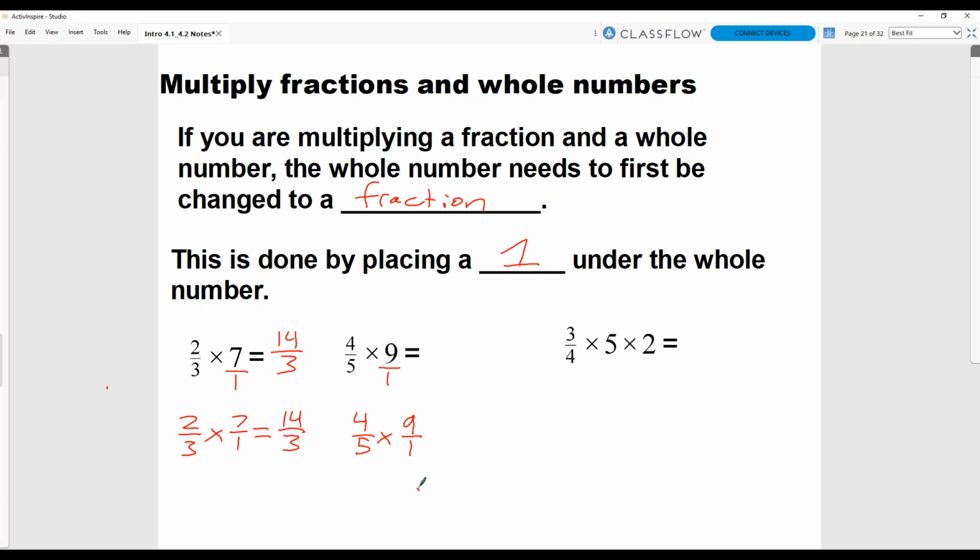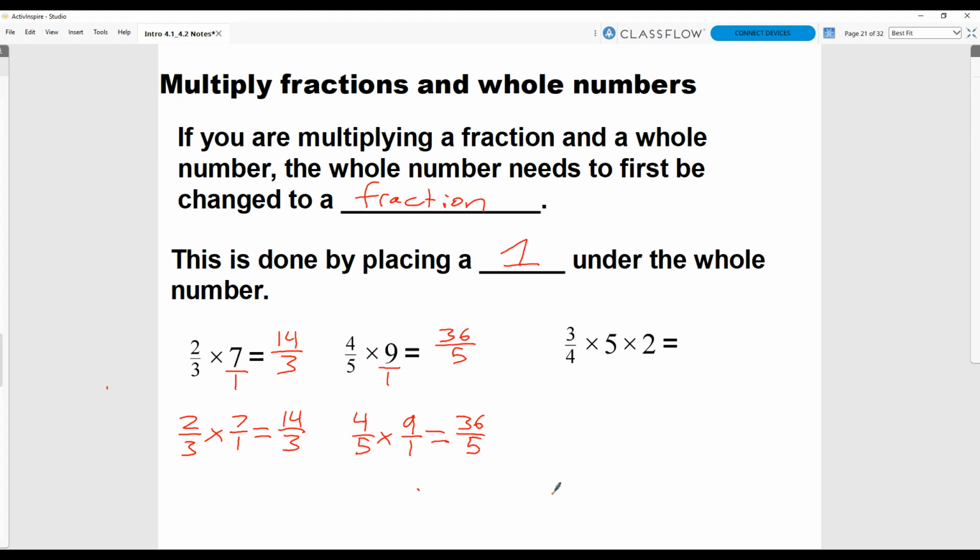Okay, that's a little bit better. Now I can see they're lined up really nicely, and I can multiply straight across. Multiply the numerators, multiply the denominators. Okay, so we're going to get 36 over top of 5. So there's my answer to that one.